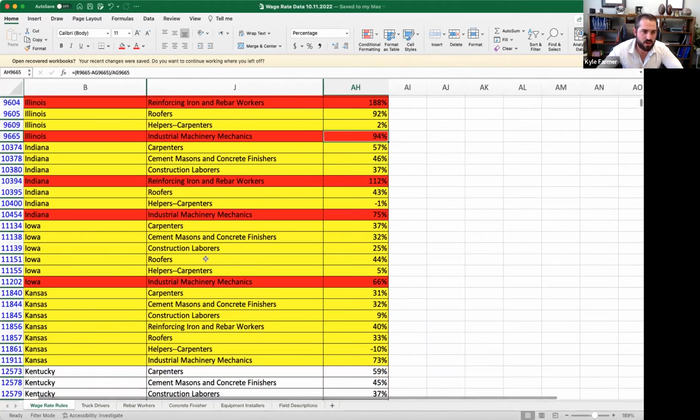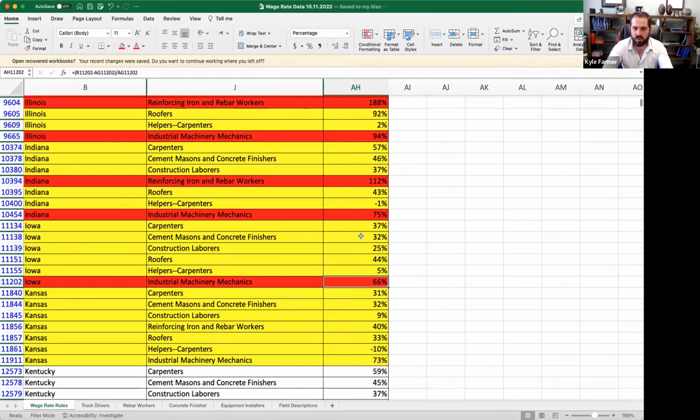And so I wouldn't be surprised if we start seeing a lot of producers in Illinois start moving over to a state more like Iowa, because look what's happening in Iowa. You're having some wage rate increase, 37% for carpenters, 32% for concrete finishers, 25% for construction laborers. Roofers, I had roofers on one of them, so I put that in there too, because they were installing roof sheet metal.